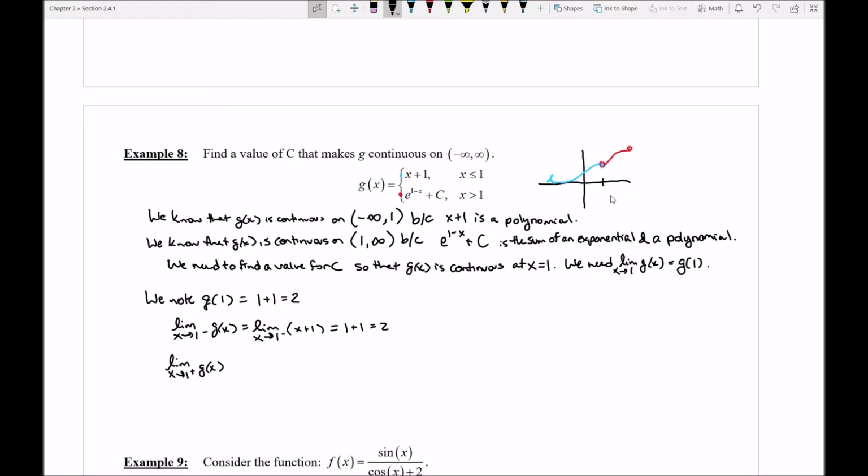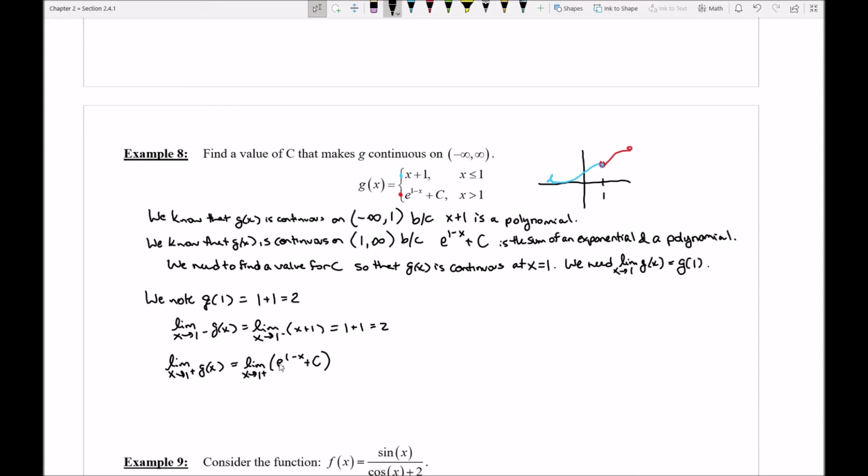If I'm approaching 1 from the right, that's going to use the red portion of the function. And so I'm going to need to use e to the 1 minus x, plus c in here. Now again, I can use a really, really important idea here.